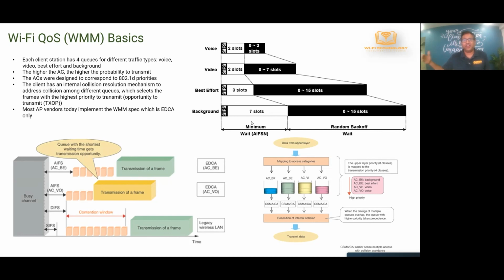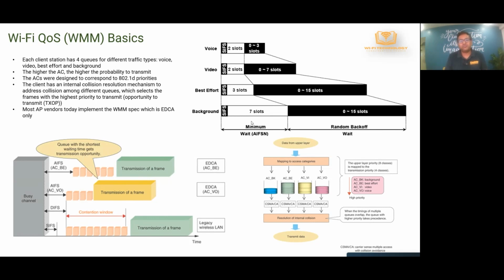And then your random backoff number is between 0 and 15. So now you're like the most unfortunate person, because not only do you have to see the medium free for a longer amount of time, but you even have to back off for a longer amount of time. So which means that you get lower priority.